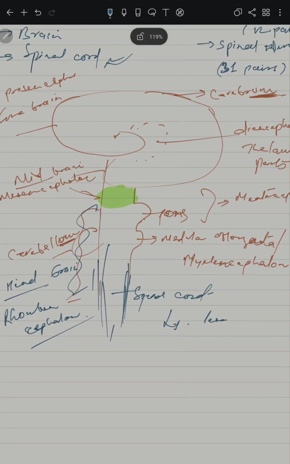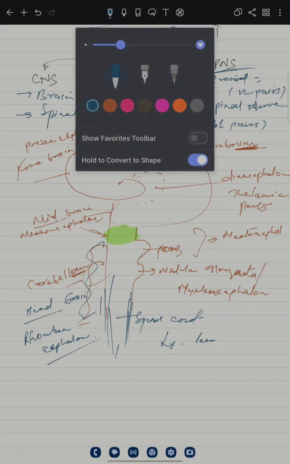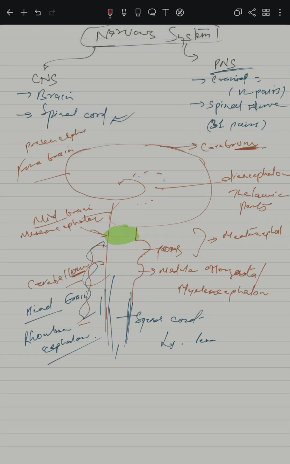There are 12 pairs of cranial nerves, right? Let me change the colors. Red. Cranial nerve, 12 pair.